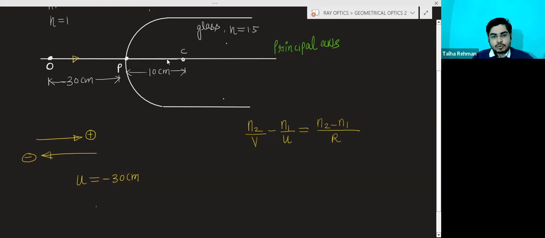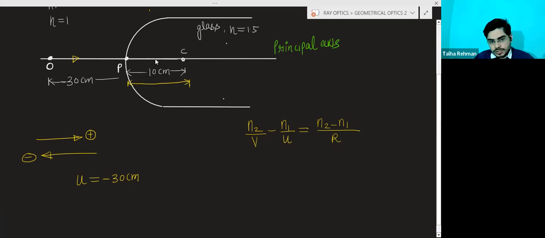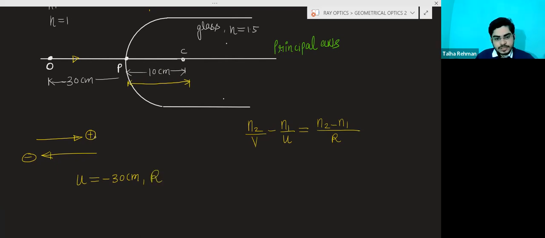Now the distance between the pole and the center of curvature is known as the radius of curvature. To measure it, you move from pole to center of curvature in this direction, and this direction is positive. So the radius of curvature you will take as plus 10 centimeter. And the image distance you want to find.